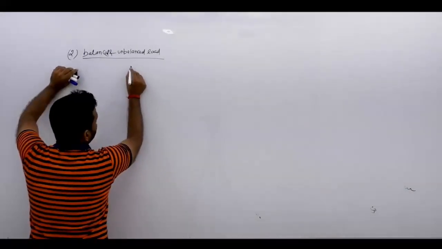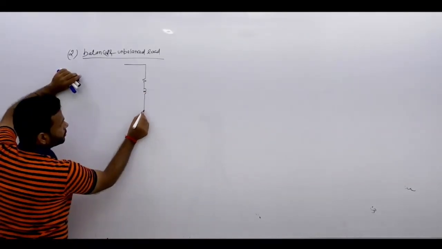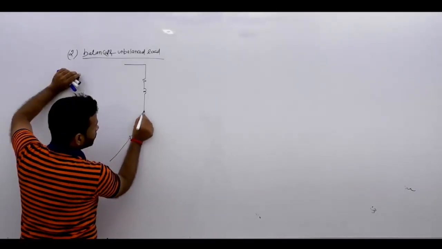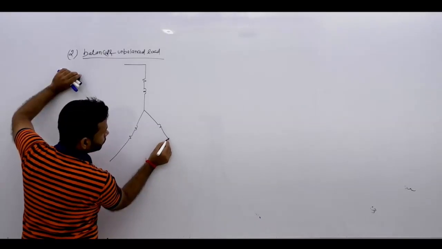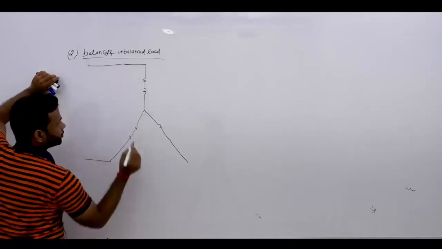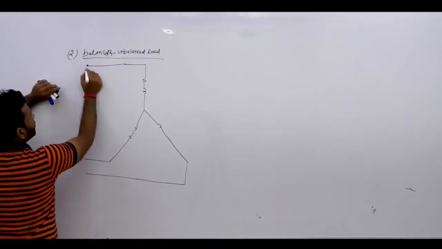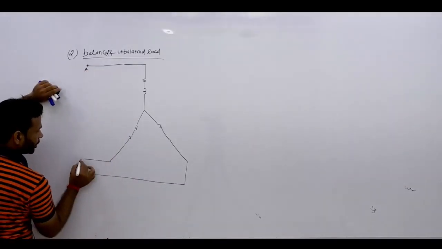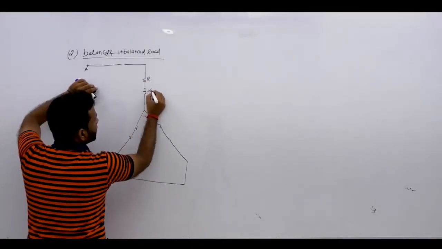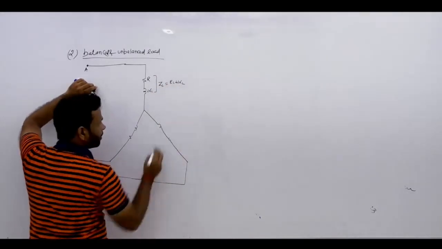Okay, now diagram देखते हैं पहले. This is A, this one is B, and this is C. Okay, this is R, JXL, so it is ZL of RL plus JXL.